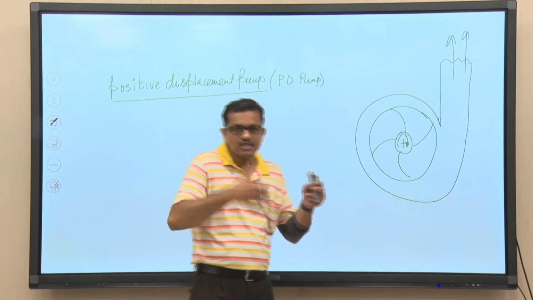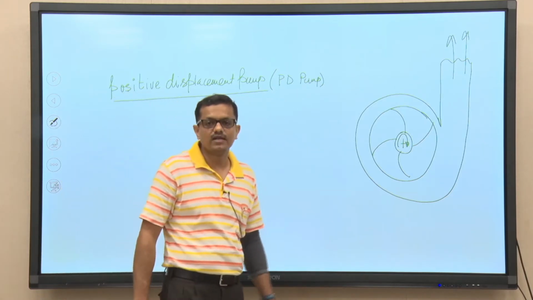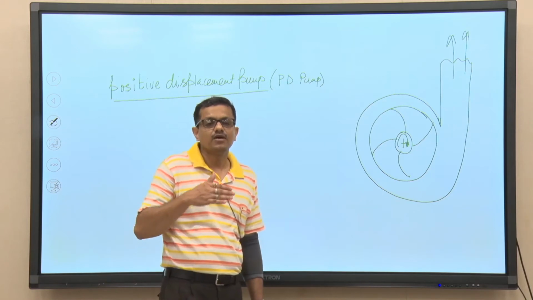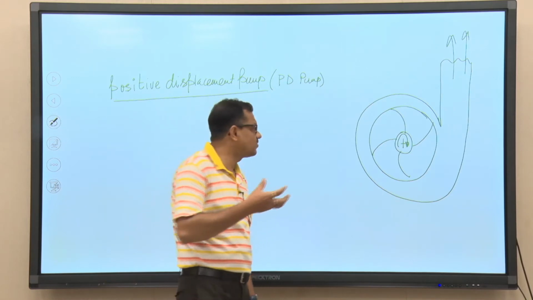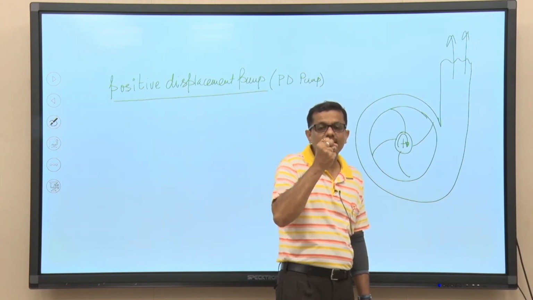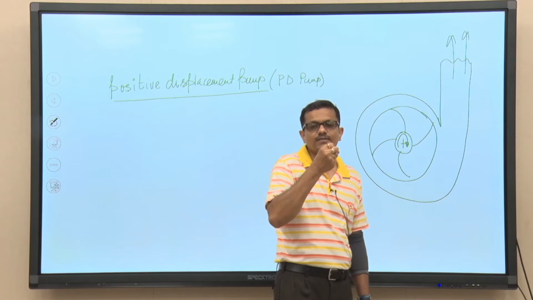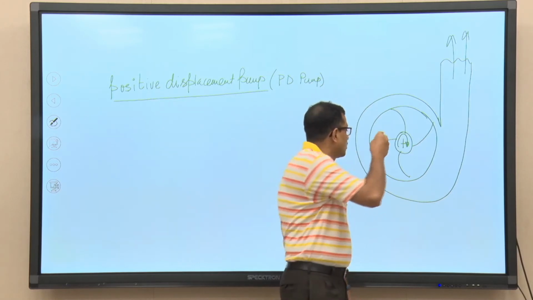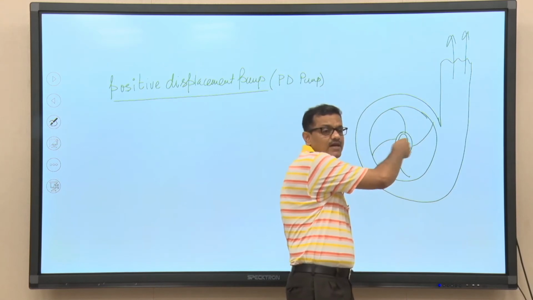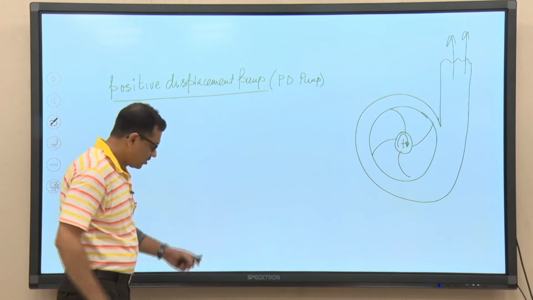So, this is the fundamental difference between the positive displacement pump and the rotodynamic pumps. For rotodynamic pumps it is very difficult to isolate a fixed mass as well as the boundary occupying that fixed mass. The reason is very simple, again I am telling, there is continuous inflow to the pump and continuous outflow from the pump, whereas in the PD pump that is not there.